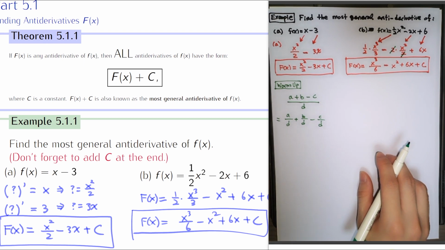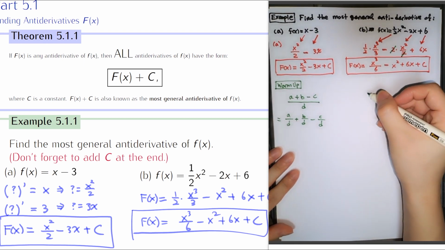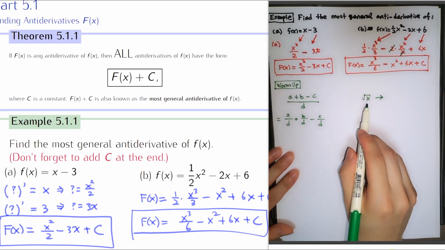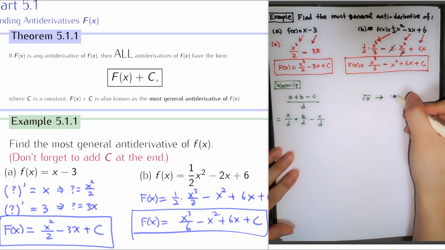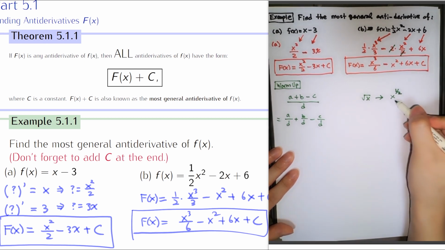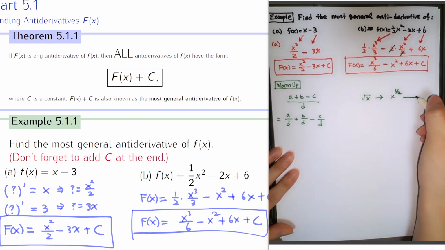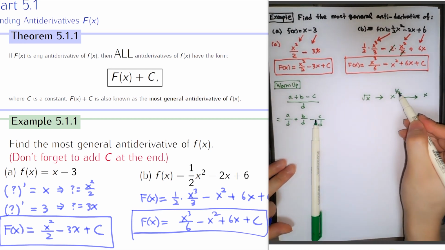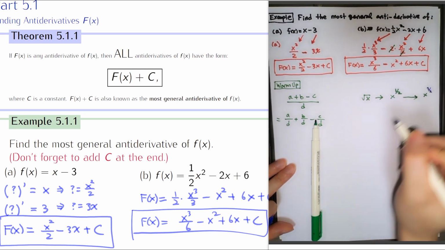Next, suppose you have a square root of x. You know, by using the exponent law, root x becomes x to the power of 1/2, right? So if you take the antiderivative of this, it becomes x to the power of... antiderivative means you have to add 1 to the original power. So 1/2 plus 1 becomes 3 over 2.